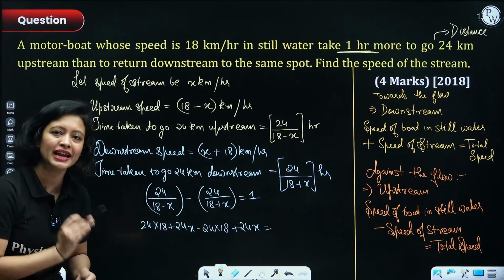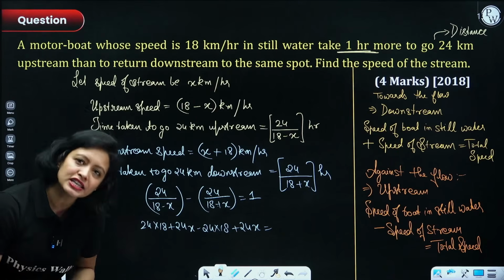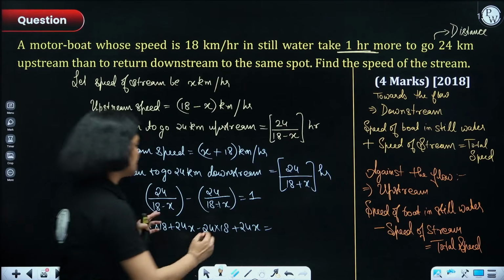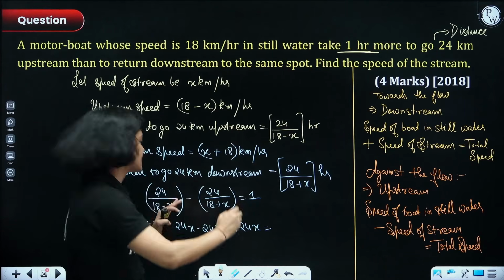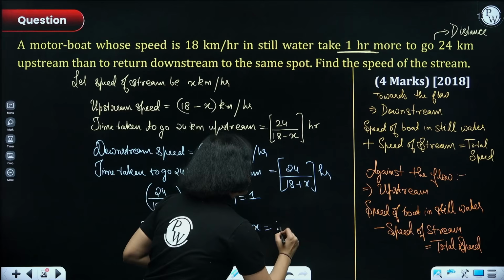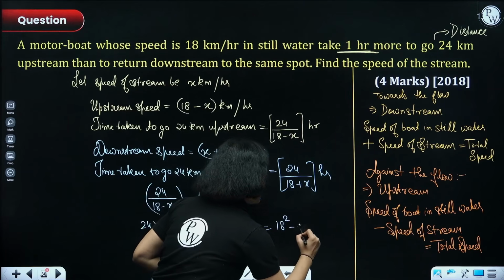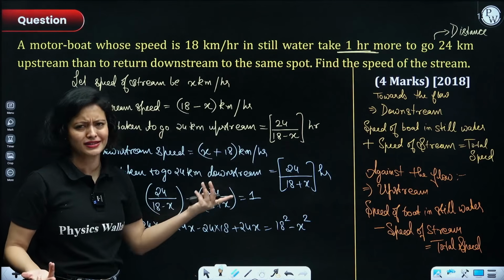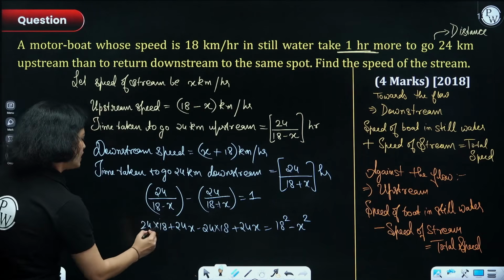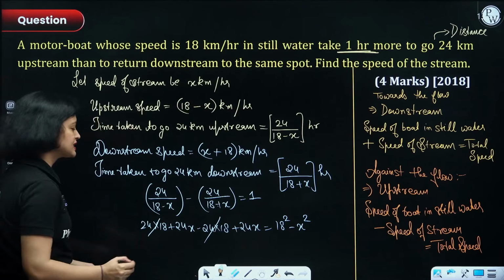That would be what? A minus b into a plus b. So a square minus b square. Okay, so I can write it directly here in denominator, or I can take it on the right hand side. Okay, so 18 minus x into 18 plus x is 18 square minus x square multiplied by 1. That's a no-brainer. 18 square minus x square. Okay, chalo ji. So 24 into 18 and negative 24 into 18 gets cancelled up.